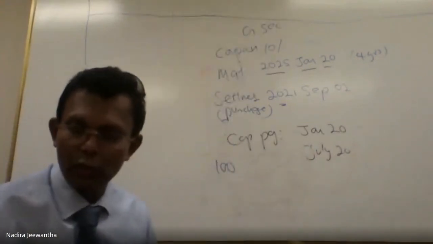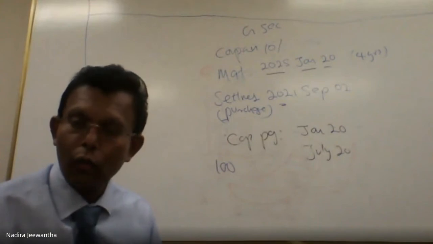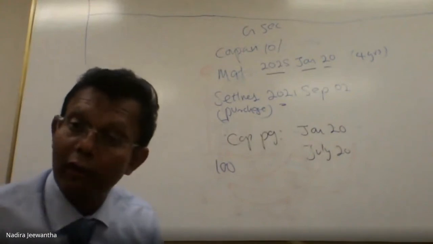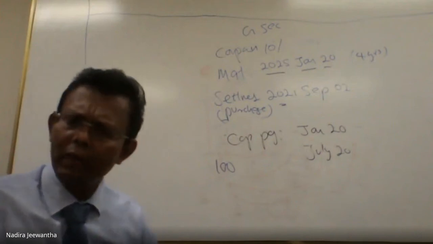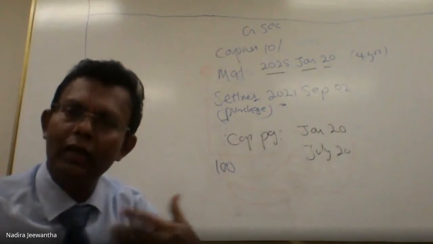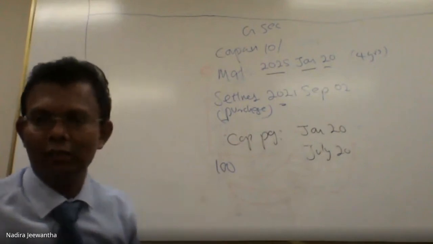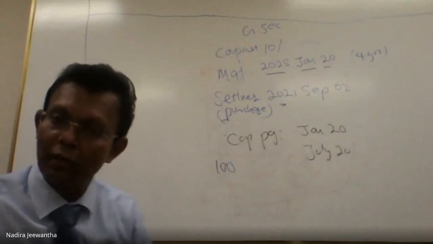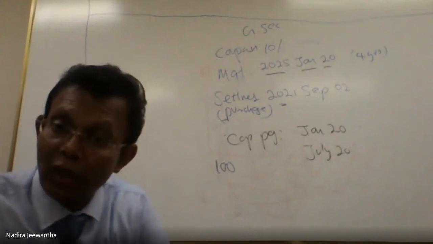I always told you, the coupon is paid on the face value, not on the invested amount. It doesn't matter how much you invest. Say you can pay 90 rupees to purchase this particular unit, or you can pay 120 rupees, but it doesn't matter. The coupon is paid based on the 100.